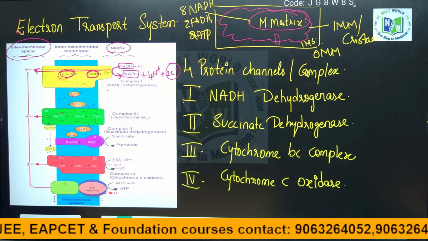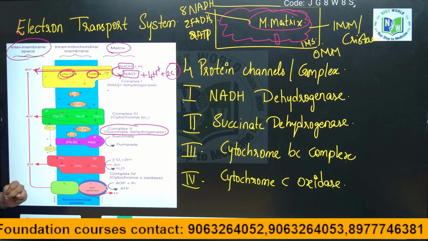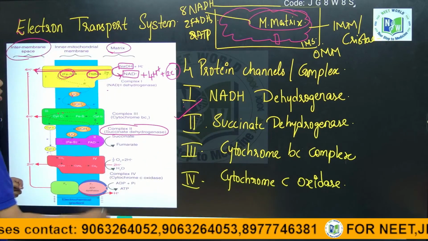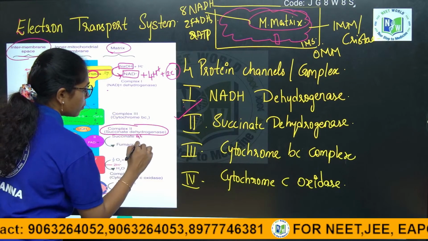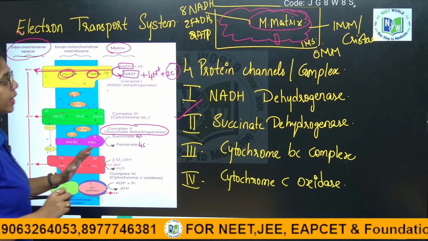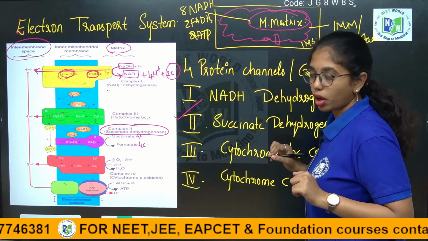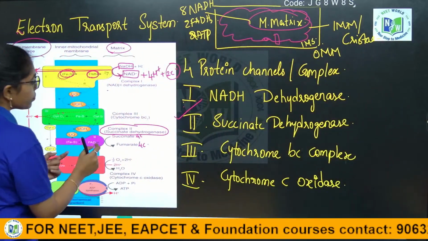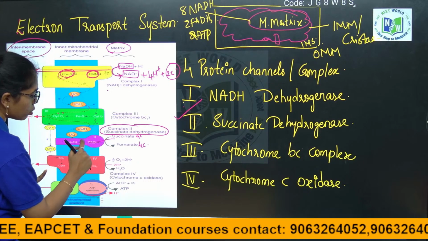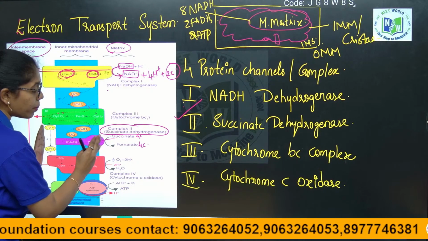Complex 2 is called succinate dehydrogenase, where 4 carbon succinate is converted to 4 carbon fumarate. I already said succinate dehydrogenase is attached to the inner mitochondrial membrane. Both electrons and protons are transferred through the protein channel only, because this is not a transmembrane protein channel.